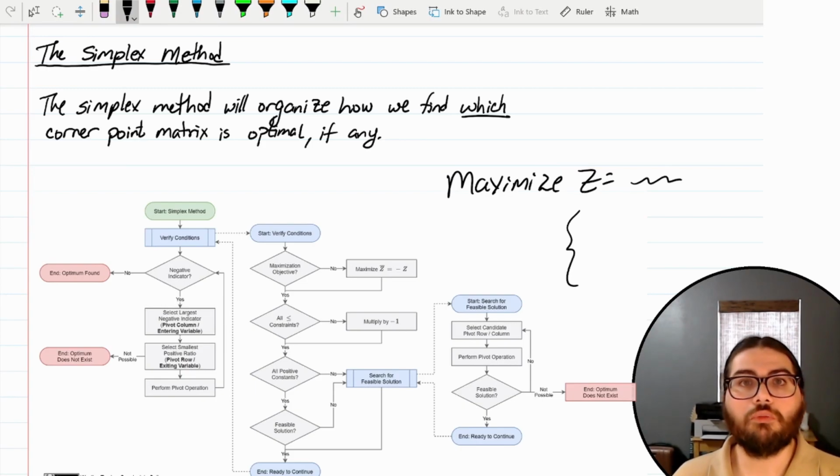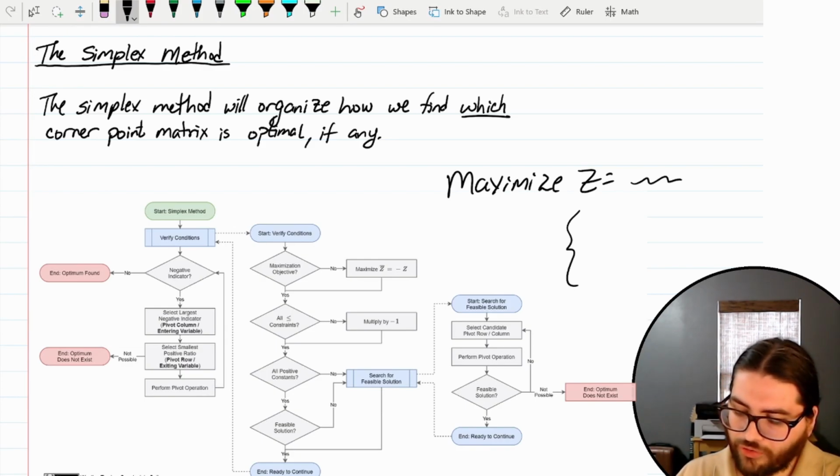Well, we just talked about how to change that big system of inequalities into a system of equations. We saw that all of those equations represented corner points with the special ones and zeros, basic and non-basic variables. All we're doing is just moving between them. I need a place to start, and I need to know how to move between them. That's all this is.